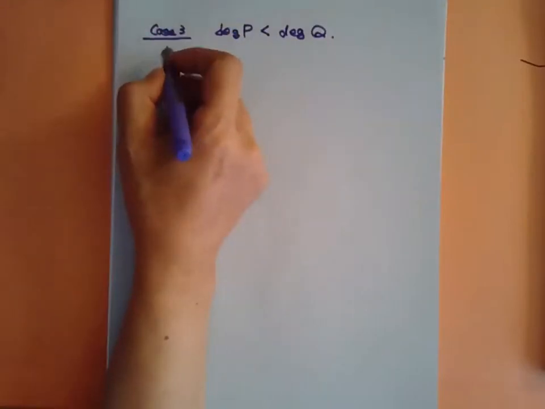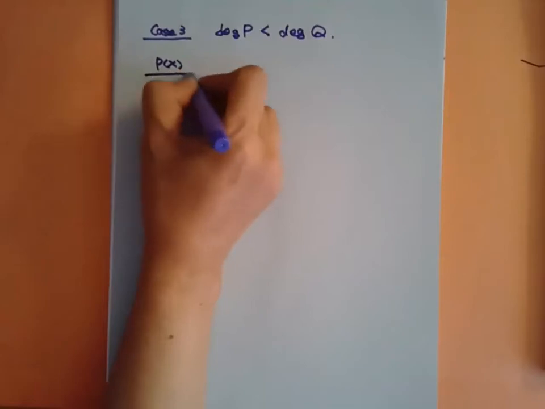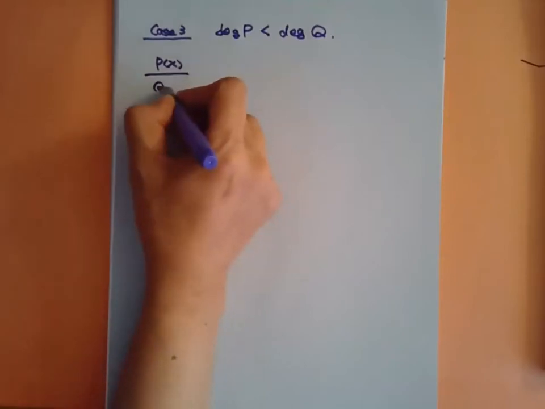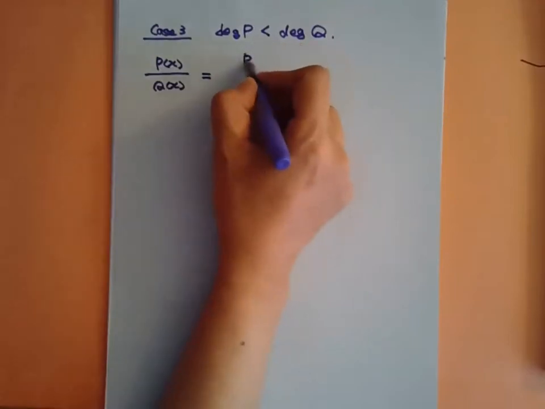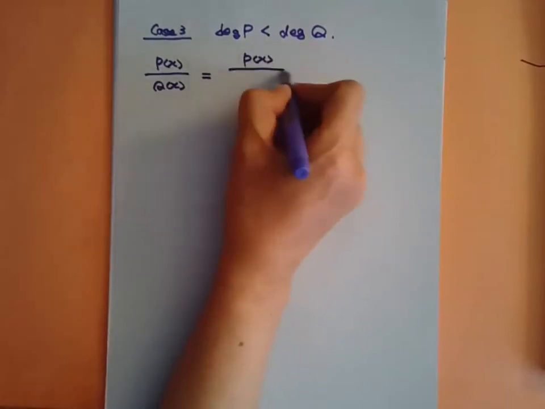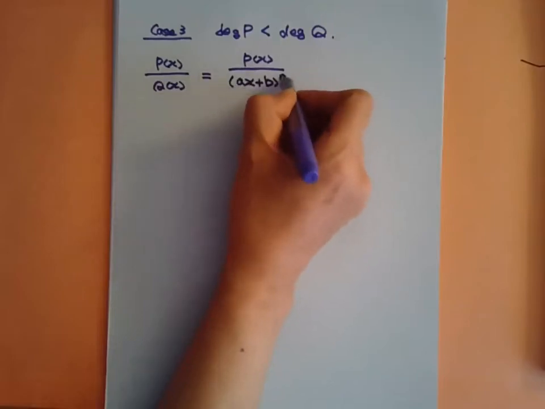So we don't go through the long division. So originally that is P of X over Q of X, and the numerator is P of X and the denominator is AX plus B to the N power.